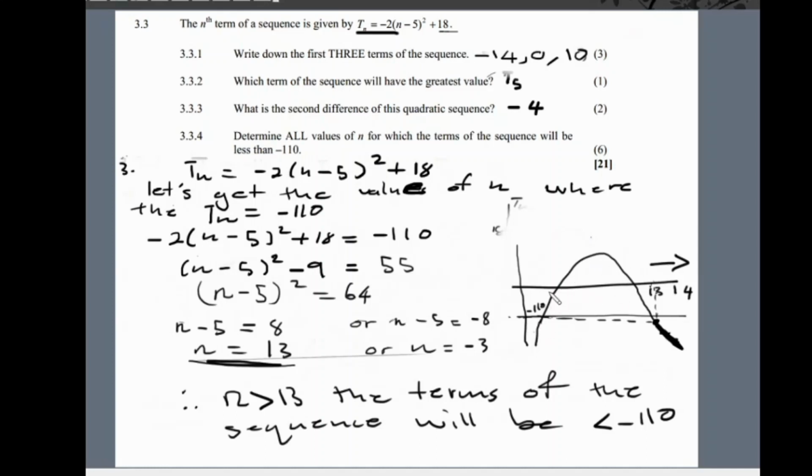So this picture is just for explanation. If you are able to see that for values of n greater than 13 the terms of the sequence will be less than minus 110, then you don't need to draw any pictures here. But for me, I usually draw pictures for such questions.